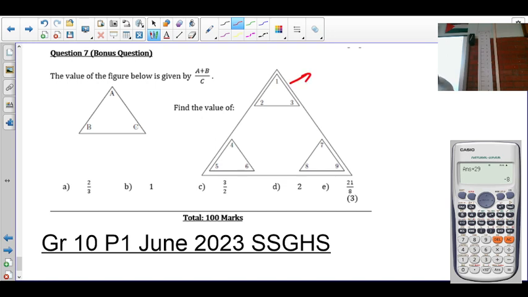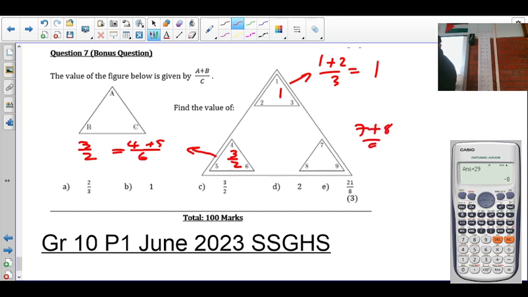Looking at the first one, in A's place we got 1, in B's place we got 2 over 3, which gives me an answer of 1. If I apply the same rule here, in A's place I got 4, B's place I got 5 over 6. That gives us 9 over 6, which is 3 over 2. And in this case, we got 7 plus 8 over 9, which is 15 over 9, which is 5 over 3.